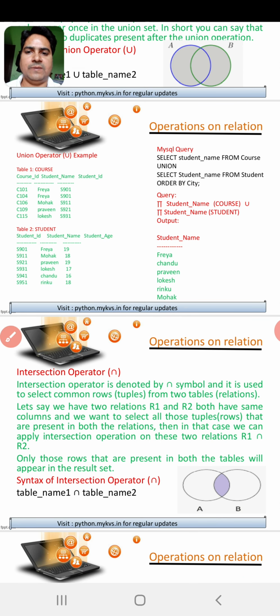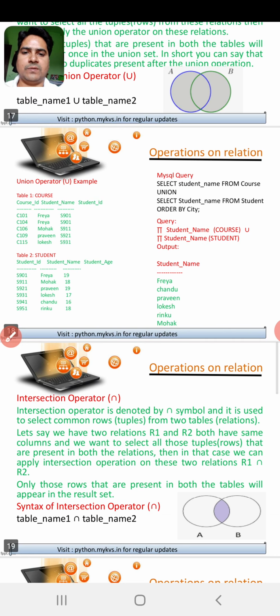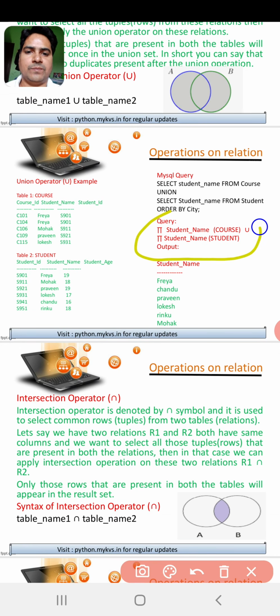once again we can see here relational query, and SQL query is above it. Pi means to project or to select the column. Column is student name from course union, pi student name from student.